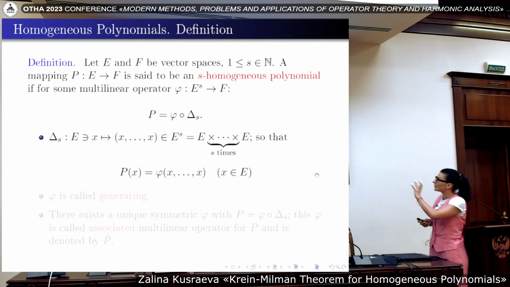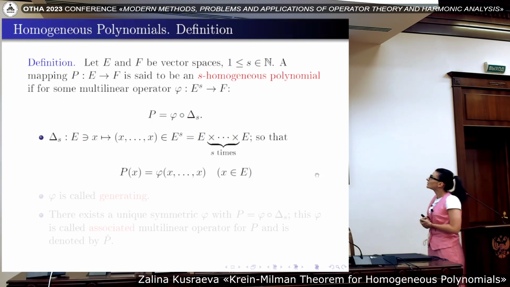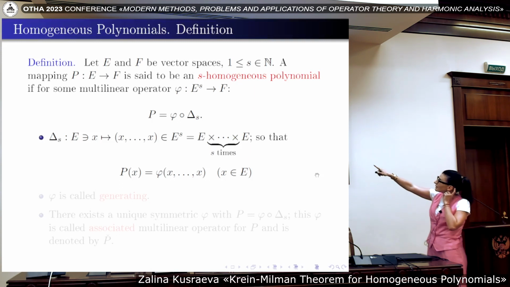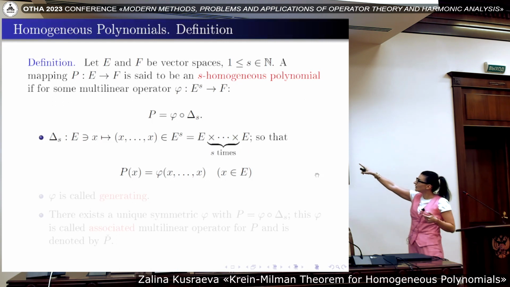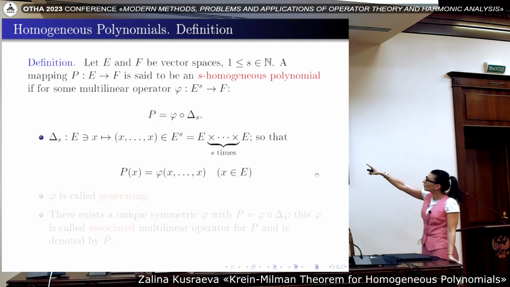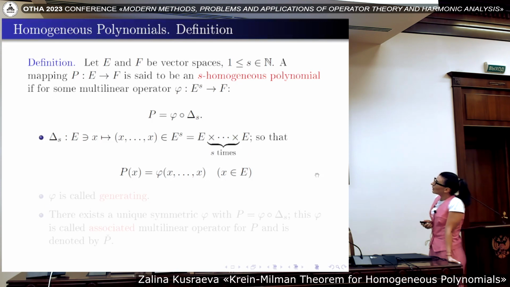They can be vector lattices, but for the general definition they are vector spaces E and F, and a mapping between these two spaces is said to be a homogeneous polynomial, a polynomial of degree s, if for some multilinear operator phi acting from the Cartesian product of E to F, P is representable as a composition of this multilinear operator with a diagonal operator, and here you see the last equality. This is the polynomial defined.